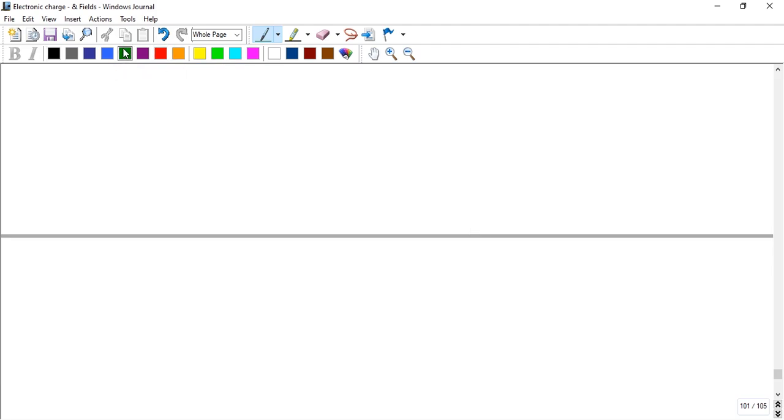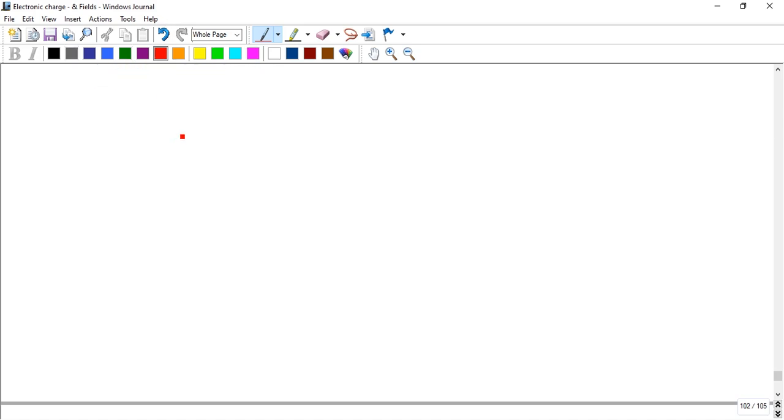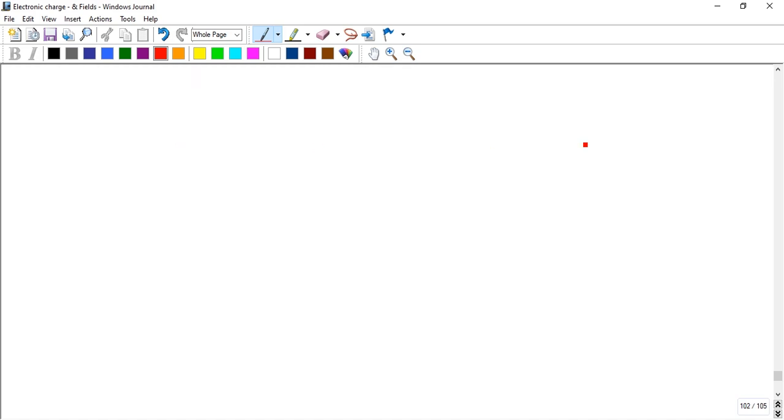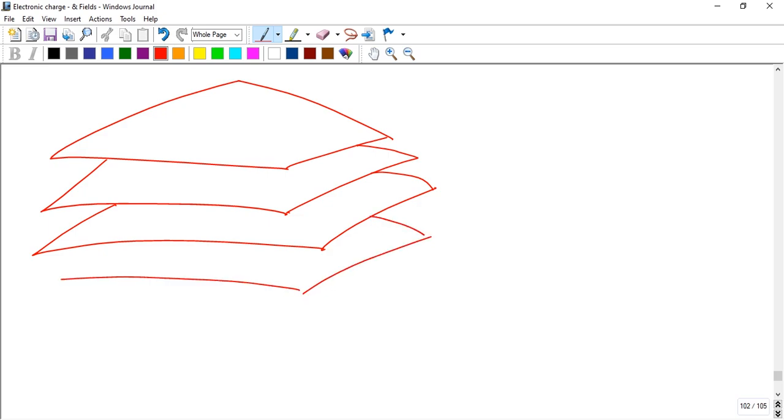Suppose we have equipotential surfaces here. Suppose we get a new page. Choose four surfaces.